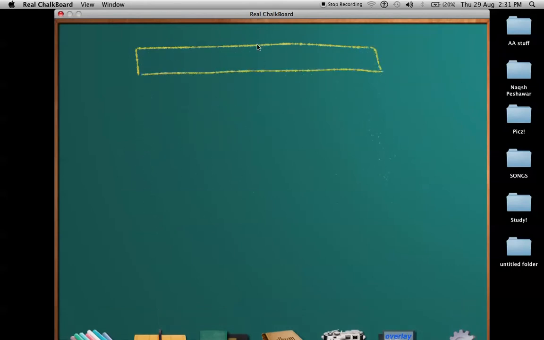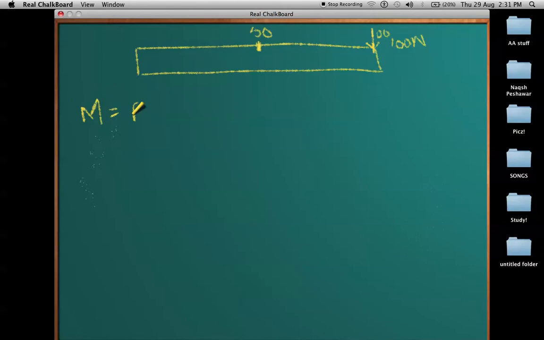So this is the same plank. Now this is the 50 mark and this is the 100 mark. Now I'm applying a force here of 100 newtons. We know how to find the moment of this force. Because there is a perpendicular distance, there exists a moment. So this is 0.5 meters.